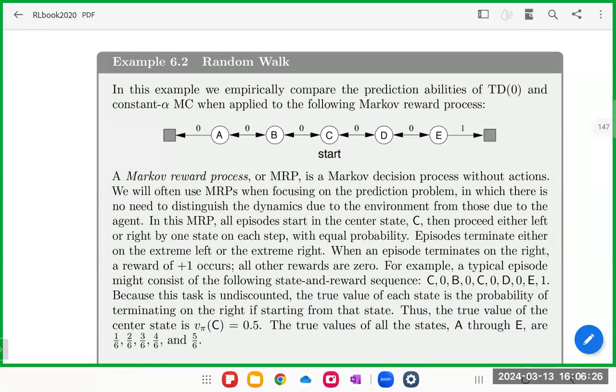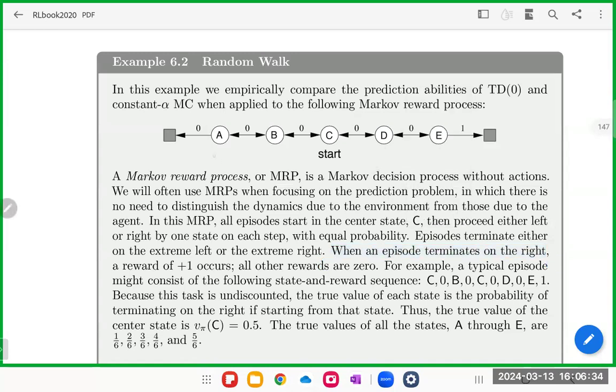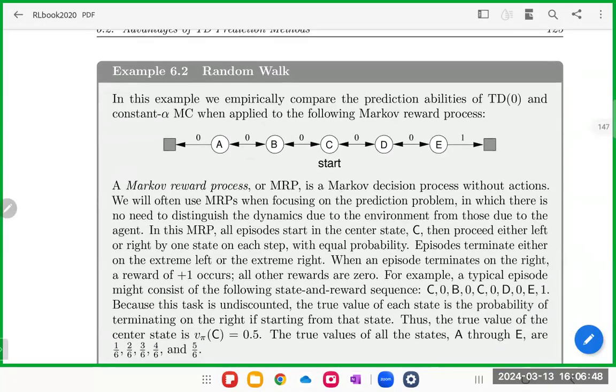Here the problem they are comparing is the prediction problem, in which once you fix the policy, you don't need to have the MDP to understand it.